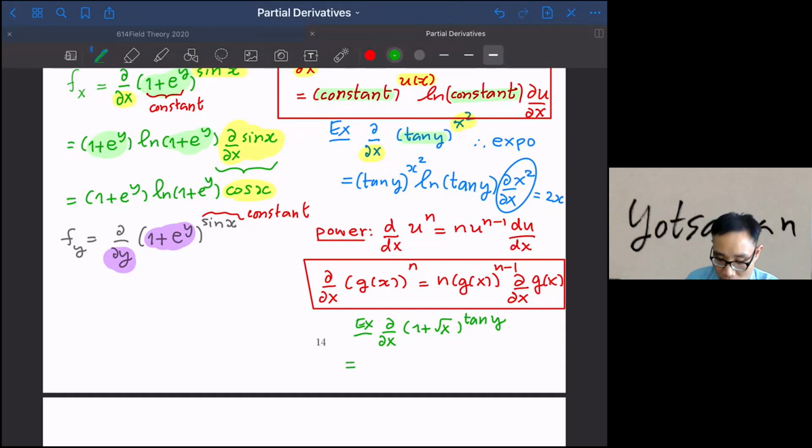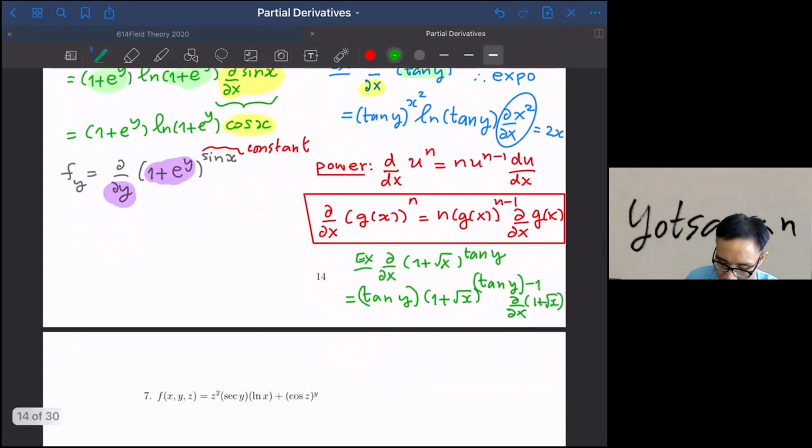For this one it's going to be the power rule, so it's going to be 10y, and you have (1 + √x)^(10y - 1), and you find the derivative of the inside, 1 + √x.